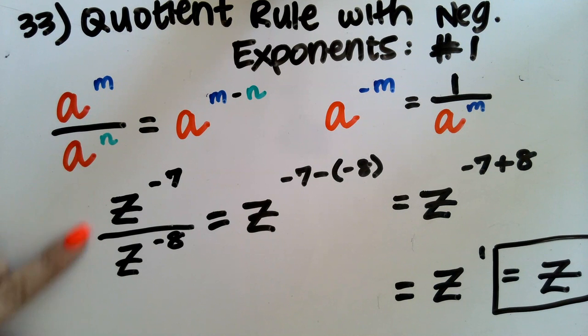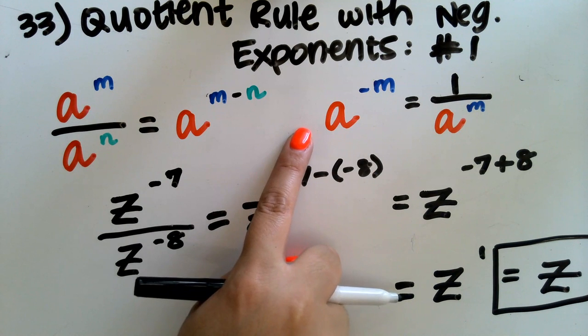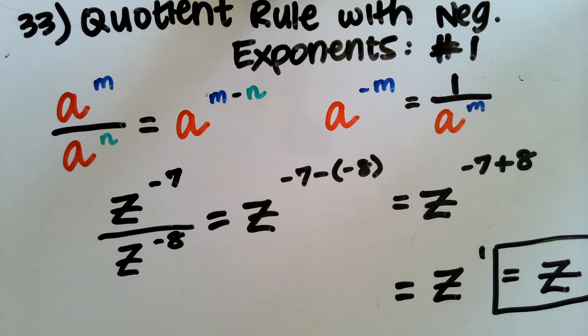So this kind of scary looking quotient with a couple negative exponents just ends up being a single z, okay? This time we didn't even have to use our negative exponent rule, but in this next problem, we are going to have to use it.